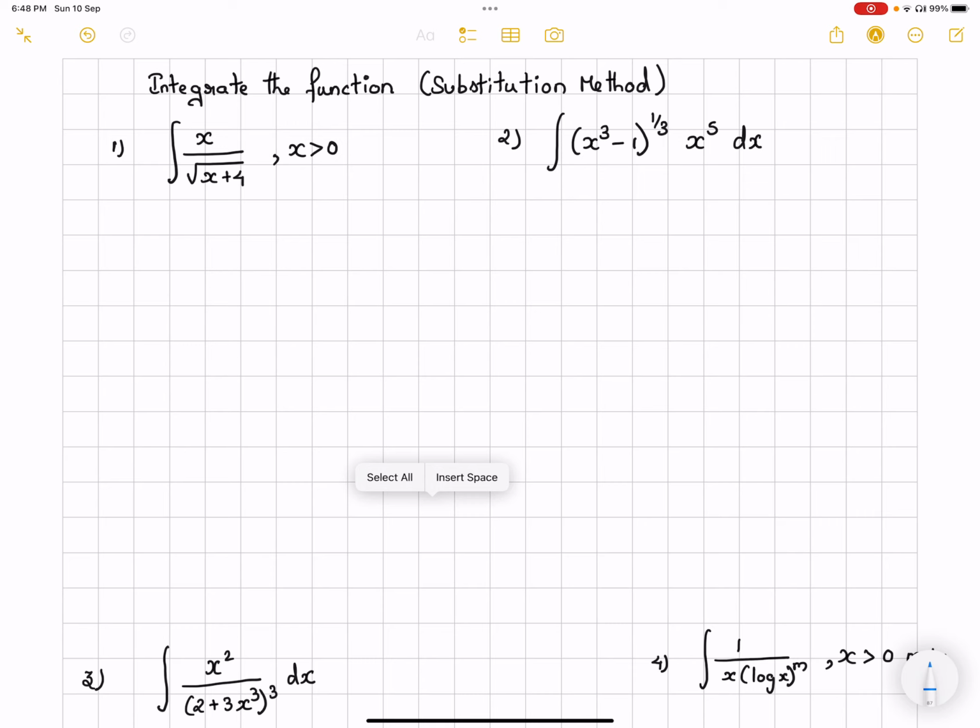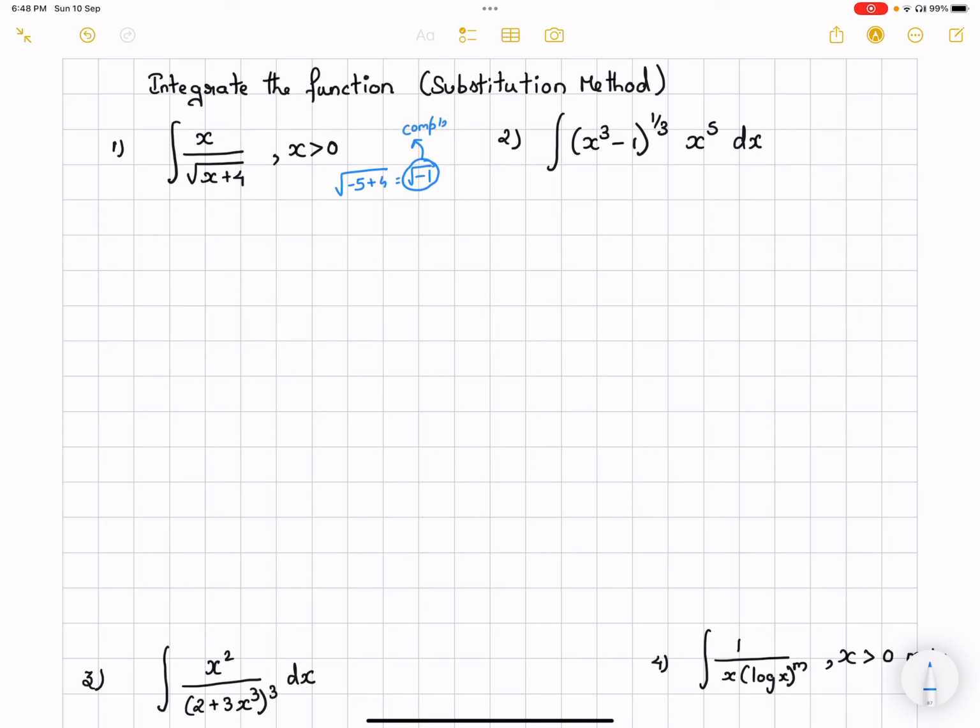Whenever we have a root, we specify that x has to be greater than 0, because if x becomes less than 0, for example, minus 5 plus 4, I would be getting root of minus 1. The root of minus 1 comes under a complex number.